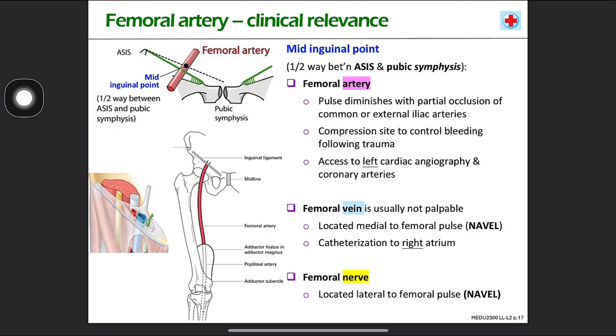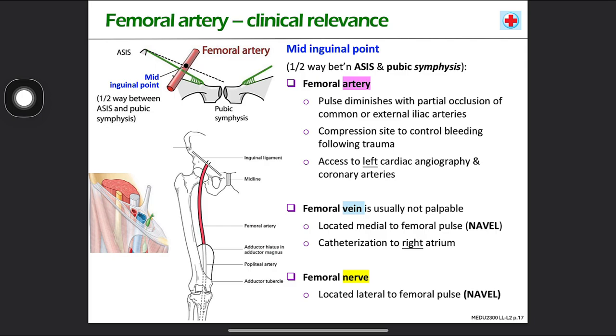So if there is something wrong here, not good circulation, you may feel the pulse being diminished, not strong enough. And compression at this site can control bleeding following trauma. Okay. And it could also form an access for left cardiac angiography or to the coronary arteries, through the femoral artery.